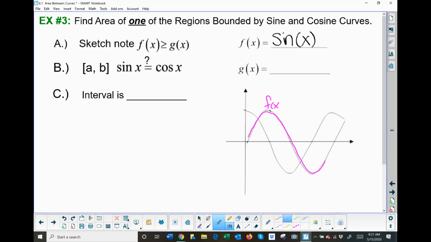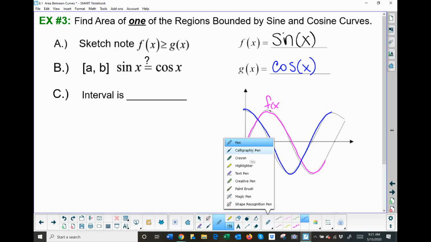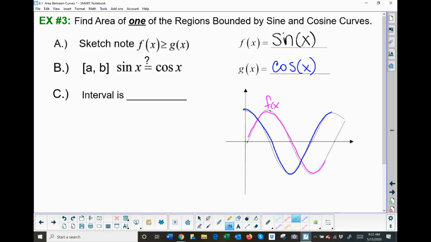And then I'm going to call my lower function, the cosine curve, g of x. Now the region that we're interested in, it said pick one of the regions between them. So I'm going to pick that one that's very clearly defined here, and let's find out how much space is between sine and cosine.